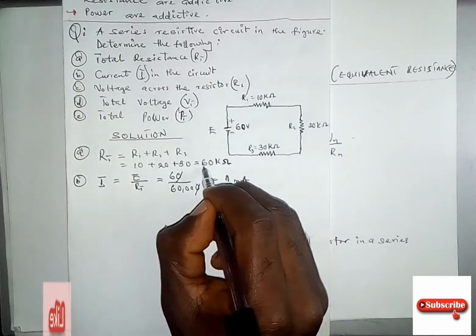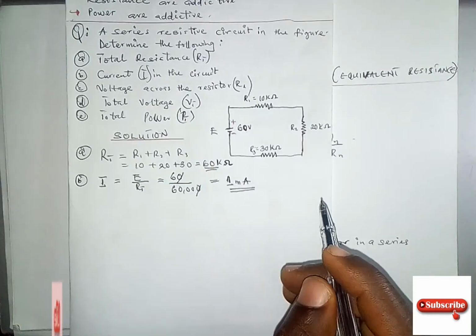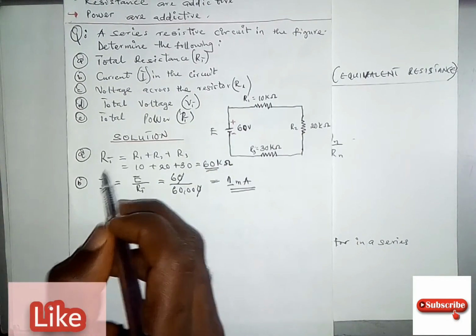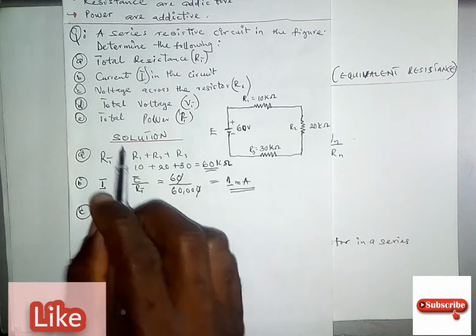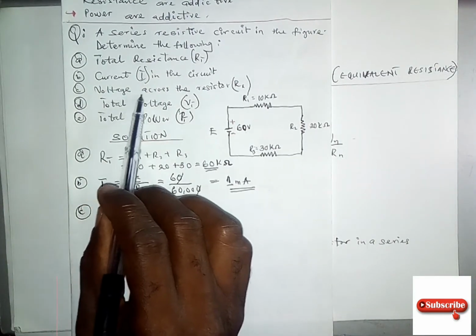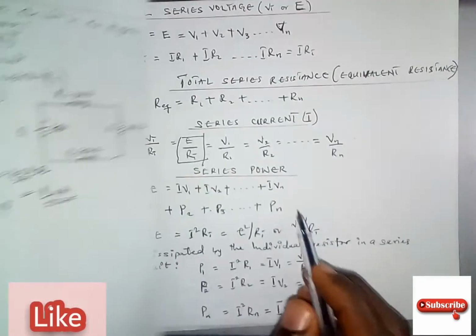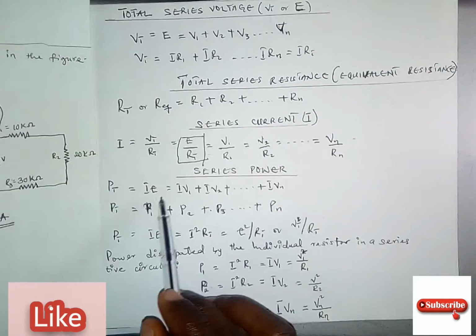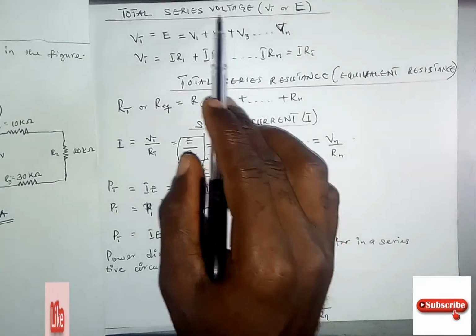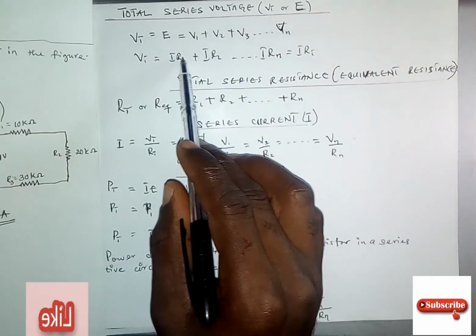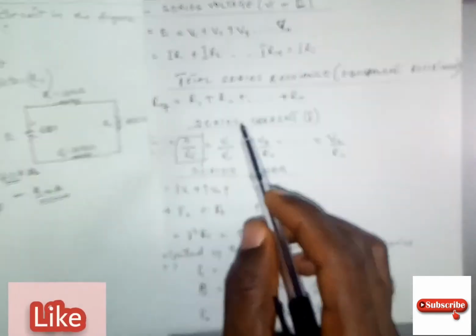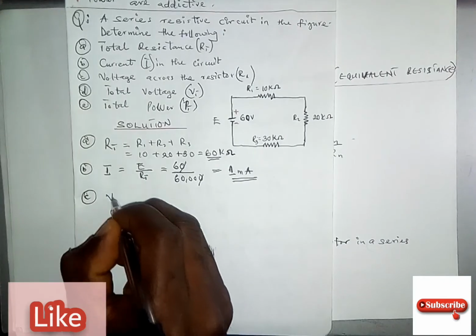The next thing we are going to look at is the third one, which is C. Our question C says we should look for the voltage across the resistor R1.